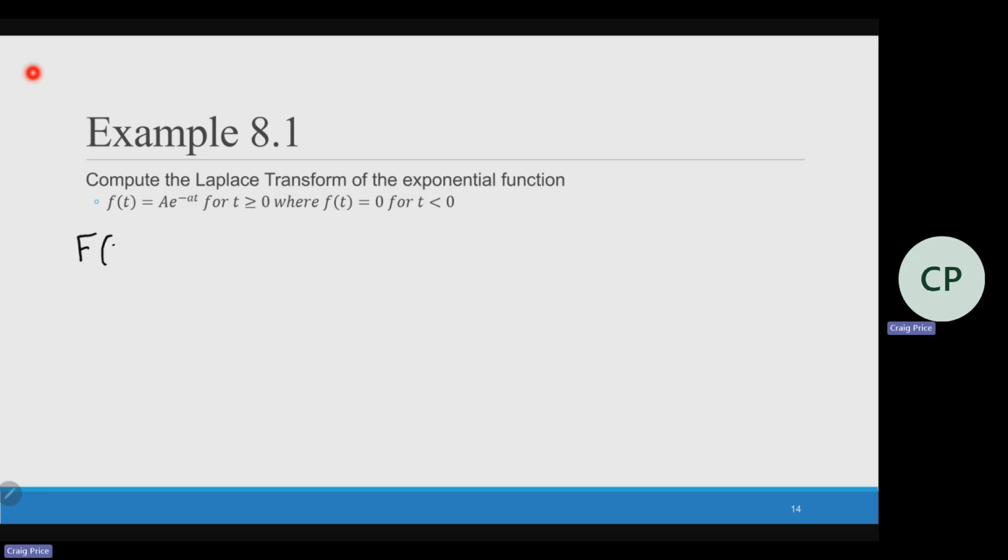The Laplace transform of this is equal to the integral of my function, which is A e to the negative at, times e to the negative st, dt. So that's just using that definition from the last slide.